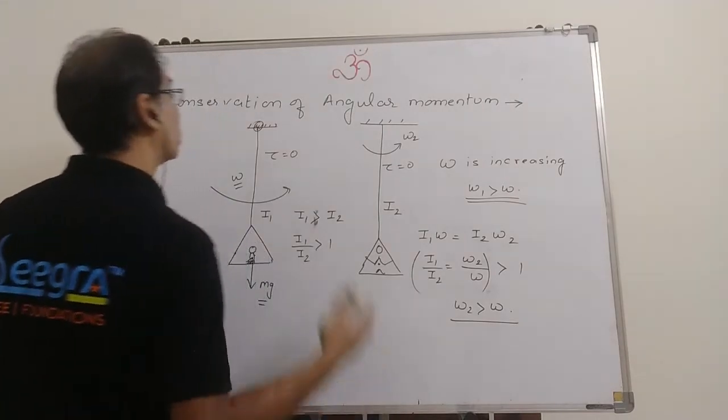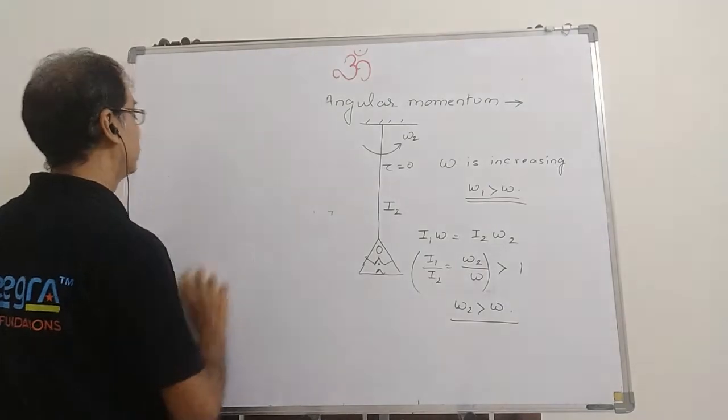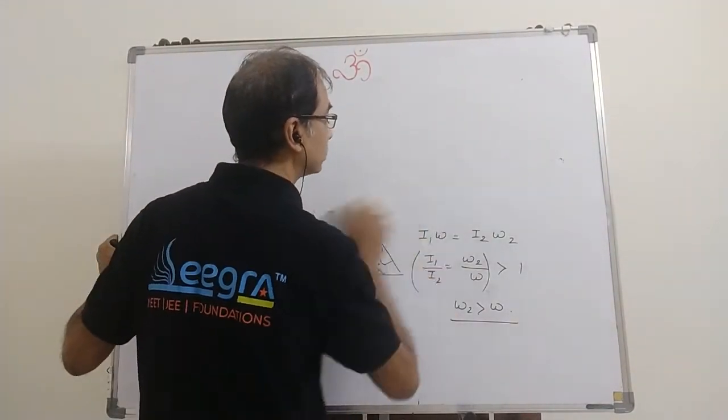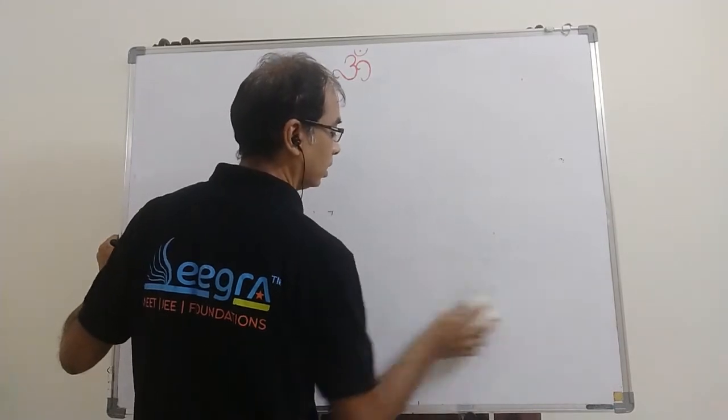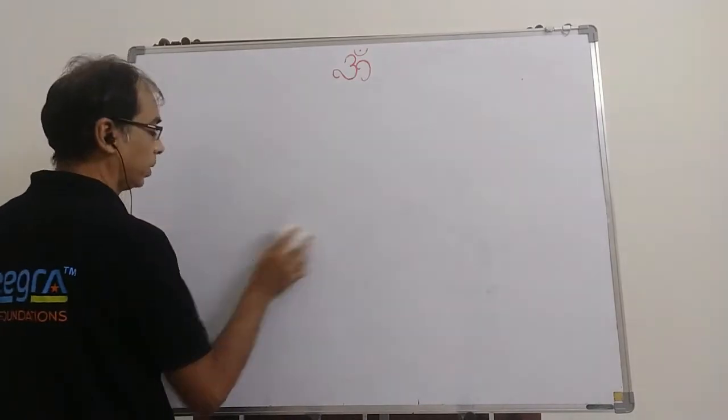Now, let us talk about angular impulse. Do you remember impulse we studied in last chapter? Conservation of momentum, collision. Okay, what it was, do you remember that?